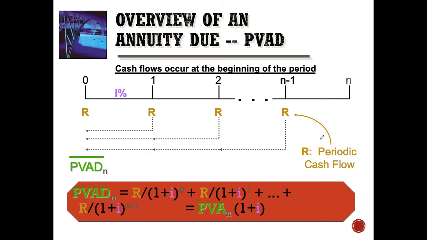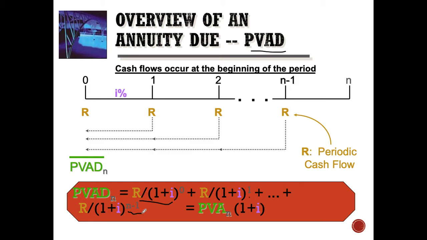Okay, overview of an annuity due, present value annuity due. This is the formula of present value annuity due: R per 1 plus I to the power of 0, plus R per 1 plus I to the power of 1, until R per 1 plus I to the power of n minus 1.